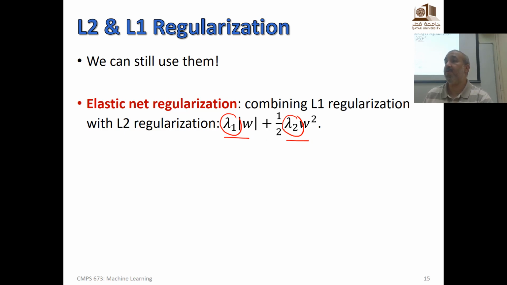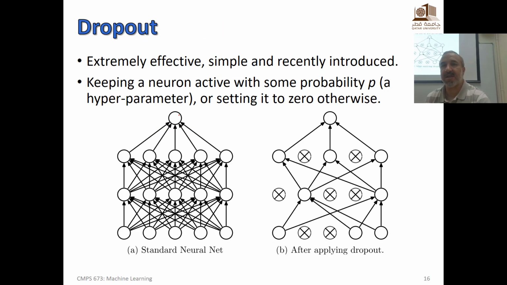So we can tune them also, lambda 1 and lambda 2. The combination is also possible, which is called elastic net regularization. It's not a must that we use this or that; we can actually use both. And we can even use a different type of regularization that is very common in neural networks, called dropout.